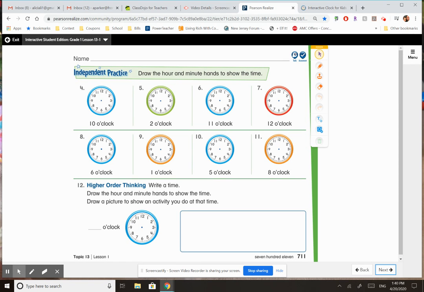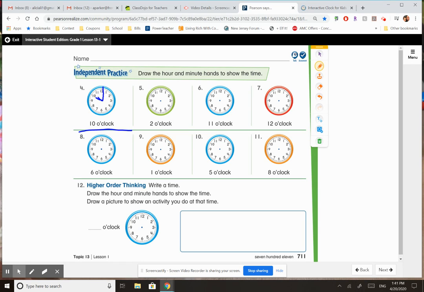Same thing, only this time you're going to draw the hour and the minute hand to show the time. So this says 10 o'clock. Where should the little hand be? It should be going to the 10. And then o'clock. What shows o'clock? Goes all the way to the 12. My pen isn't very good at being perfect on it, but you guys should be with your paper.